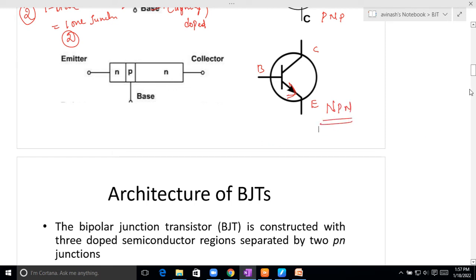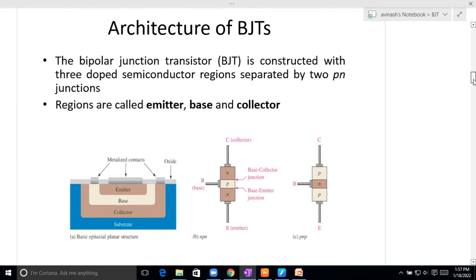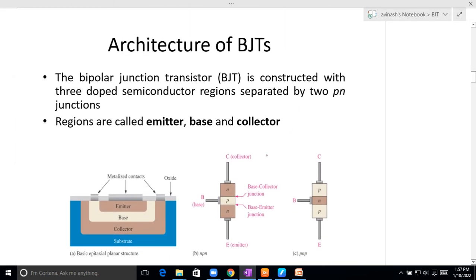The architecture or the construction of a BJT is, as you have seen, PNP. If I cut it in cross view like this, it has two diodes. One is PN, the other is NP diode.